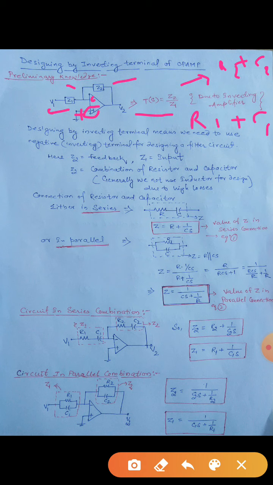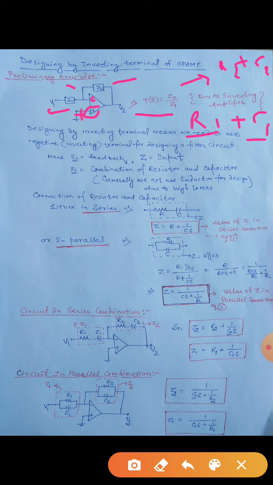Basically, for the design of a filter circuit we are using only resistor and capacitor. One more element is there, which is called the inductor, but for the design of any kind of filter circuit, in most cases in general we are not using the inductor. What is the reason behind that?